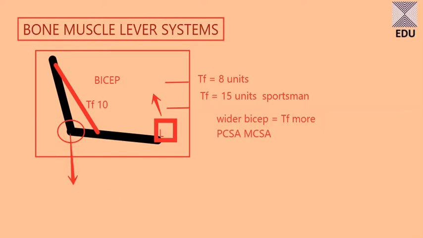This is called the point of rotation, and this is forming the lever system. And the second point is the insertion point. So this is the muscle insertion point, and we write it as insertion point.